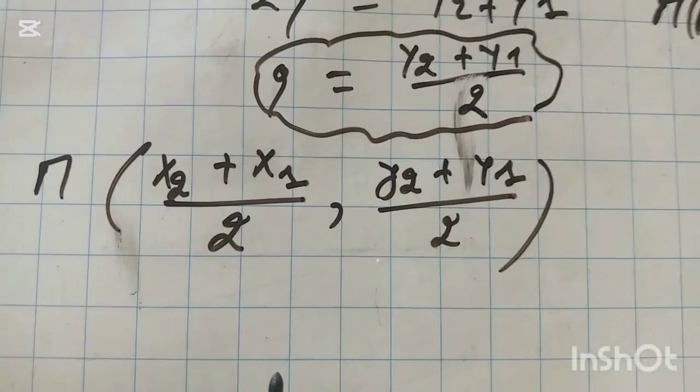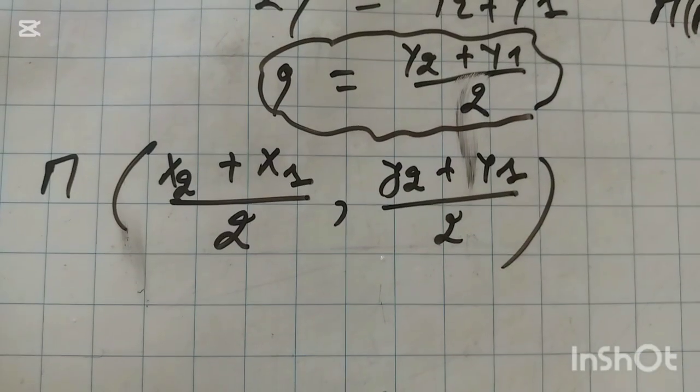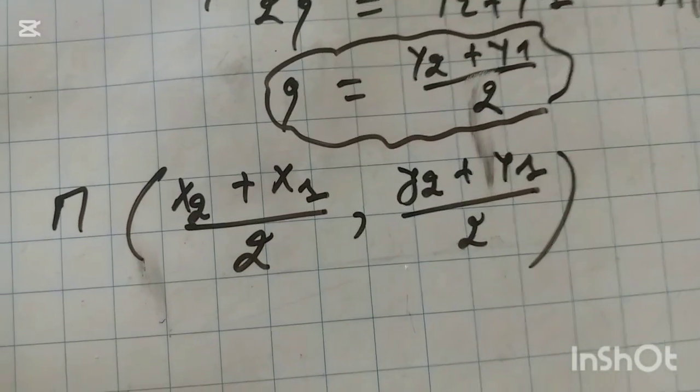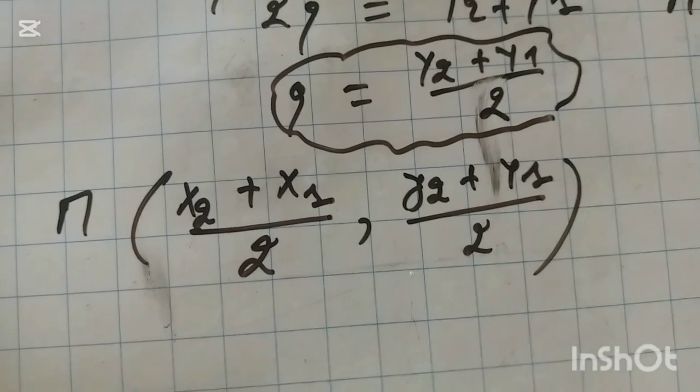This is our midpoint, and this is a general formula for all given points.